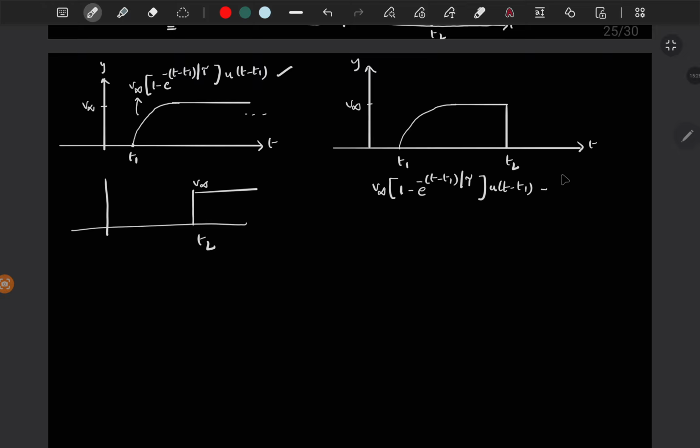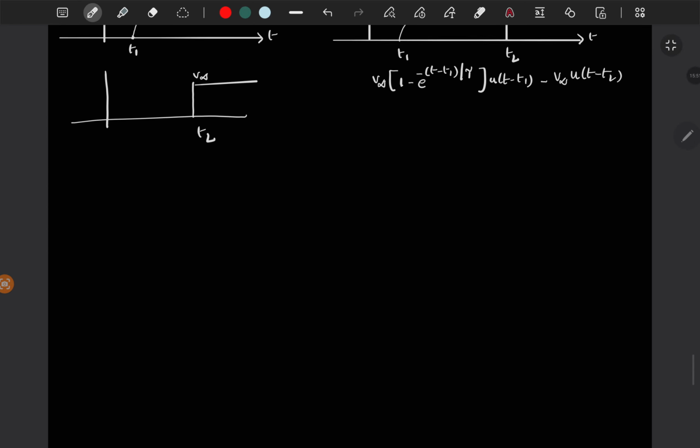Which means you have to subtract the unit step function with the magnitude of v infinity from t2. So this is a unit step function. You have to subtract this one, v infinity u of (t minus t2). So this is how this equation looks like.